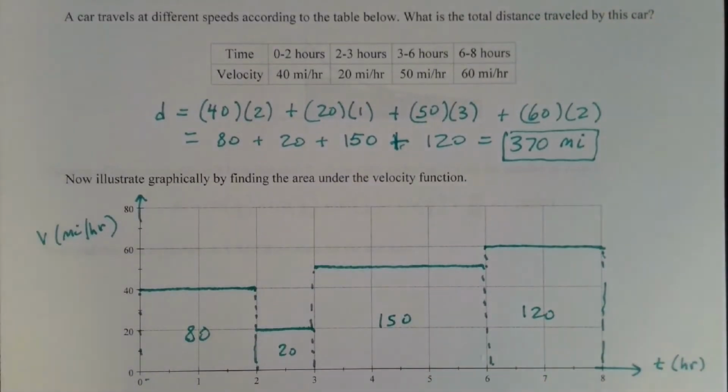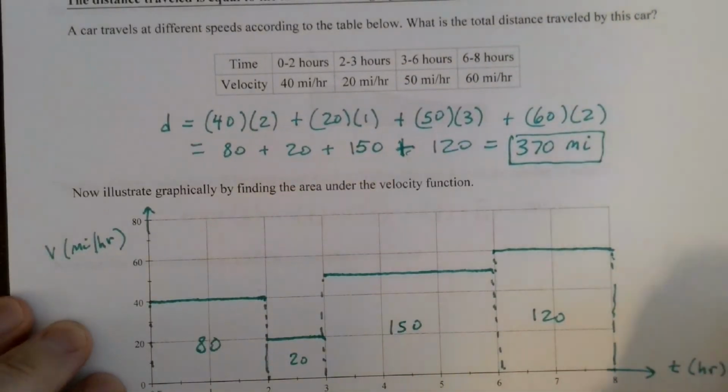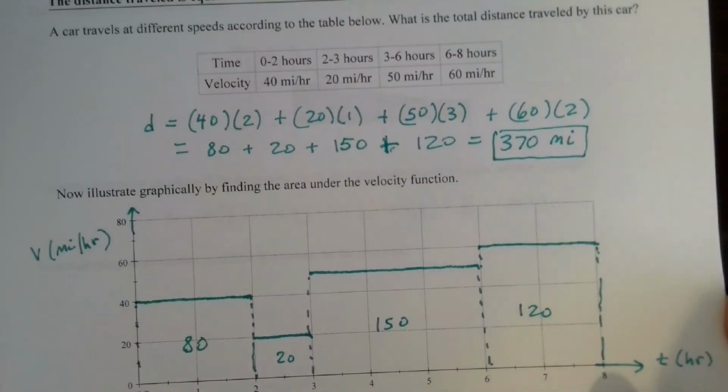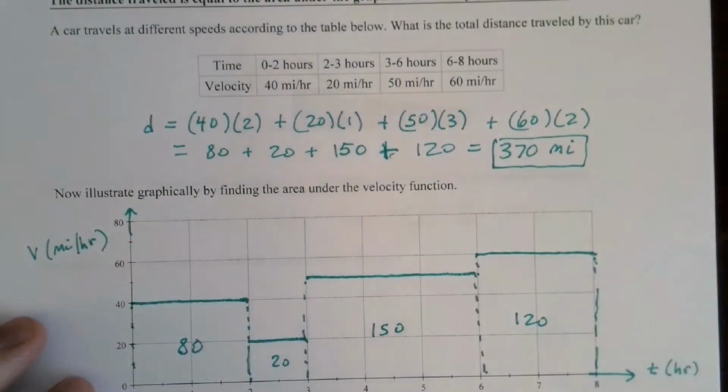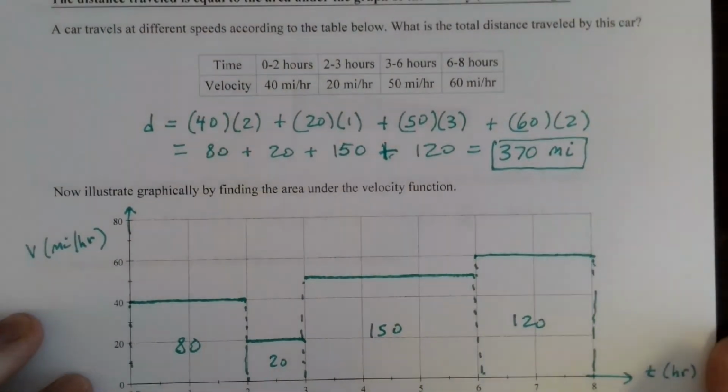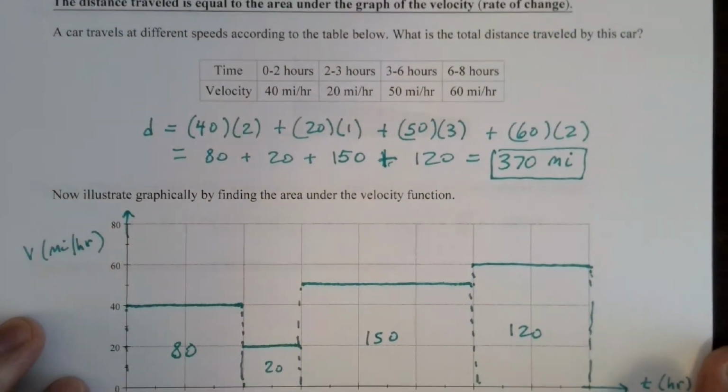And this is why the area problem is important. There's lots of problems where we need to, for instance, find the distance traveled, as this example illustrates. And there's other times we're trying to look at a net change in a quantity, or the accumulated value. And it basically boils down to finding the area under a curve.